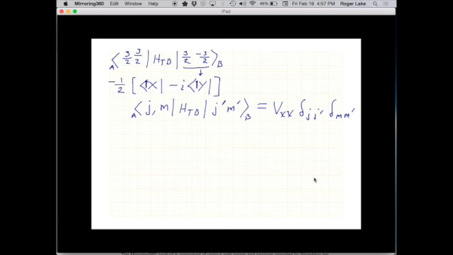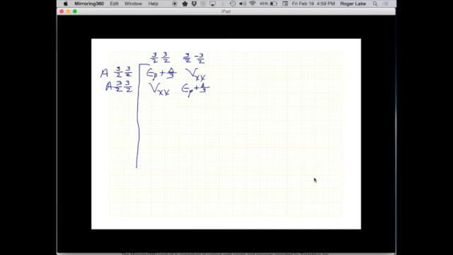Given that, finally we can write down the full Hamiltonian matrix in this basis at k equals 0. And you write the things that are going to couple you right next to each other. So I'm not going to try to write all of this. Let me just, how many of these do I have like that?